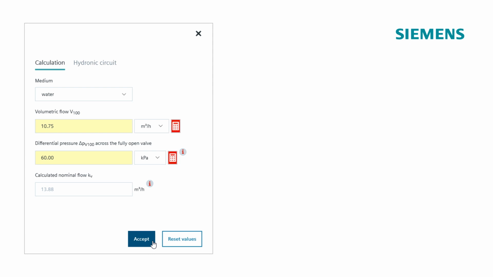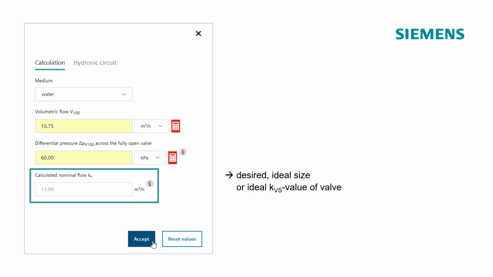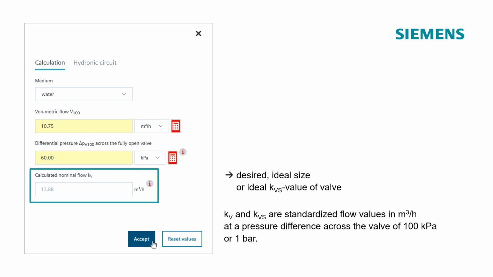Based on the volumetric flow and the desired pressure difference across the valve, delta PV100, the calculated nominal flow kV is determined. This means the desired or ideal size or the ideal kVS value of the valve. The kV value, and also the kVS values, are standardized flow values at a pressure difference across the valve of 100 kPa or 1 bar.